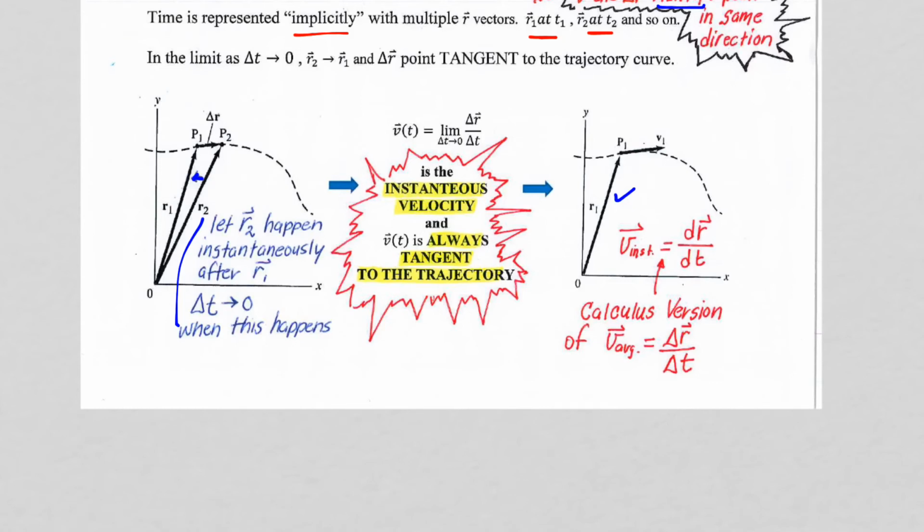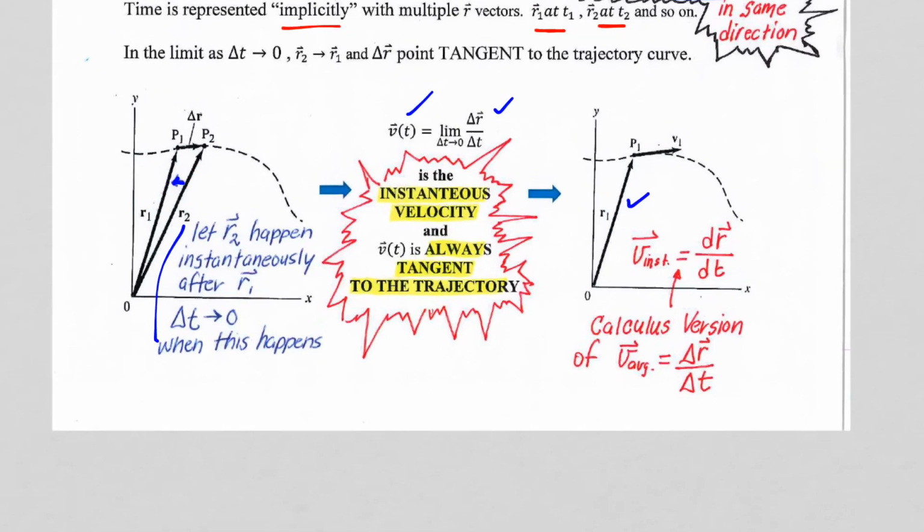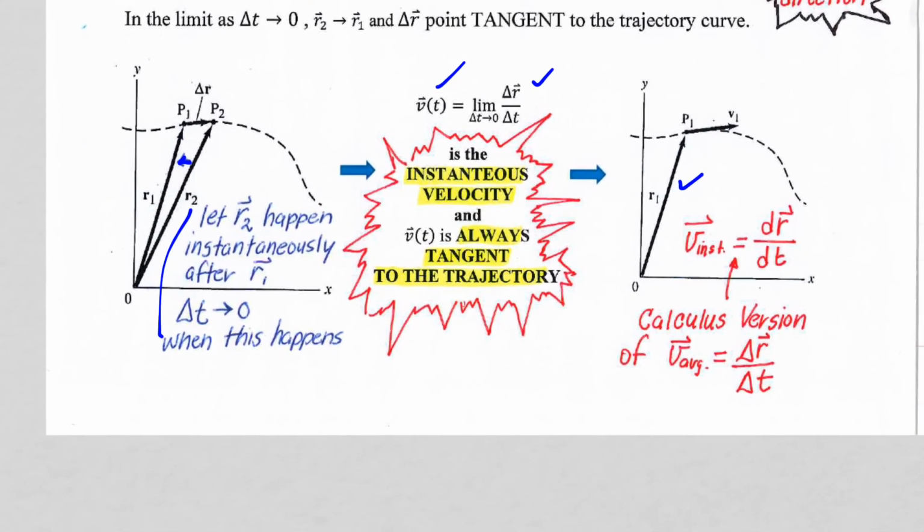When that happens, the delta r vector points tangent. If the delta r vector points tangent, the v vector points tangent, and this notation in here is a calculus notation we're going to talk about a little bit later in the course, some of the calculus versions of the physics we're studying. So where v is delta r over delta t, the calculus version, as it says down here, so again, please get this into your notes, the calculus version of delta r over delta t is dr dt.